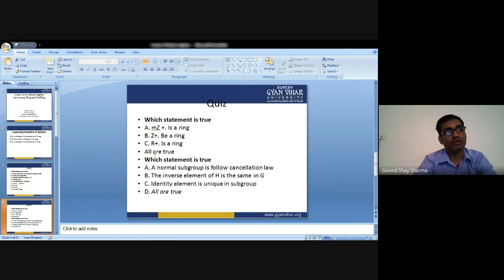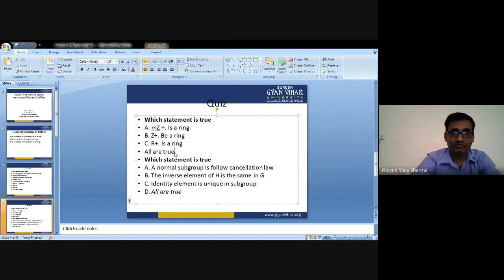M may be odd. For odd M, MZ will never be a ring. If M is odd, it does not fulfill the closure condition. So both are right, so here the answer is both B and C. This is okay.